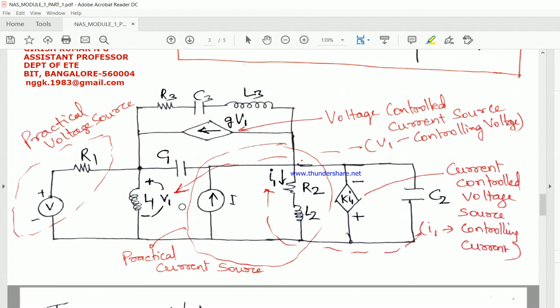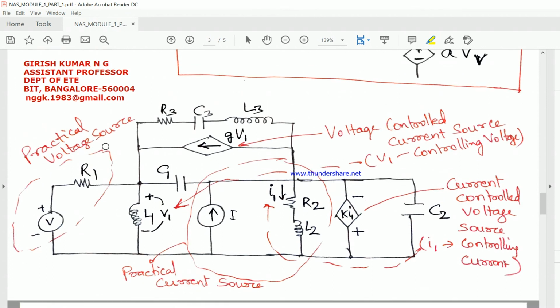Now let me come back to the practical sources here. How do I say this combination of V and R1 is a practical voltage source? When you find a resistance in series with the voltage source, then such a network can be called a practical voltage source.